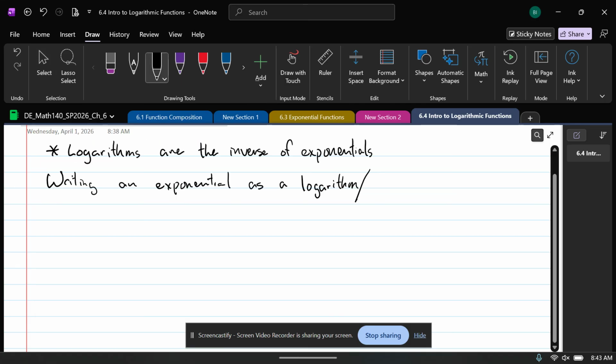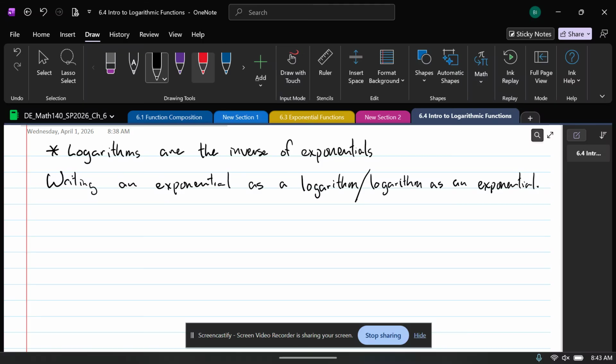And then also writing a logarithm as an exponential. Being able to move back and forth from the two different styles, okay?